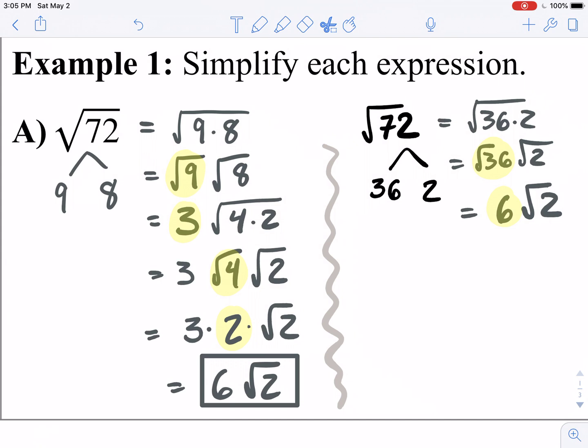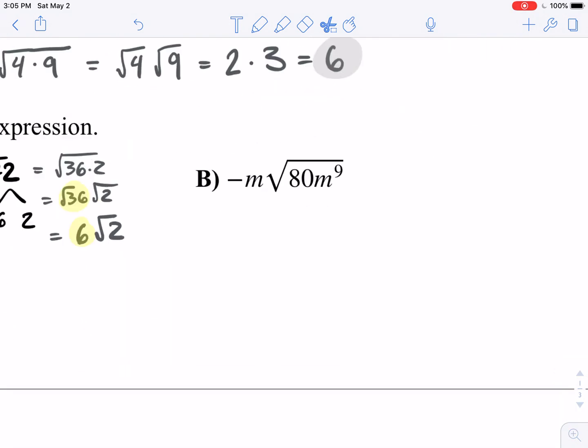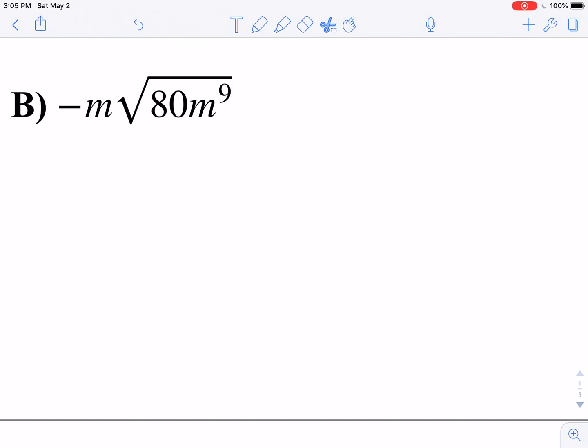So no matter what you do, it doesn't matter how you split it, as long as you keep going until it is most simplified. Let's do another example. So here in B, we have negative m times the square root of 80m to the 9th power. So we're going to split this up.